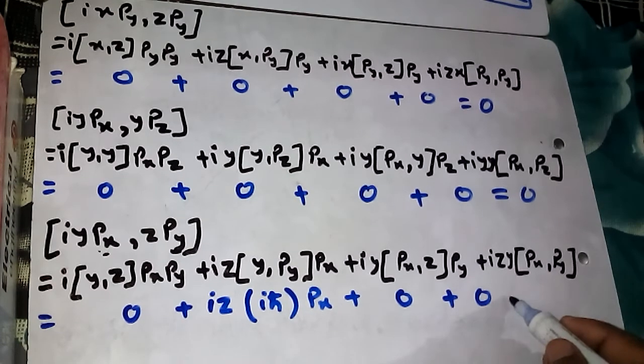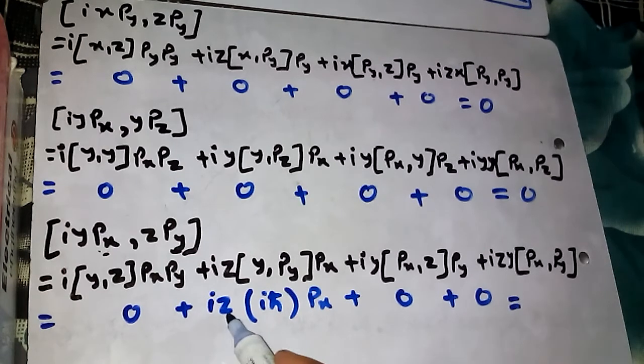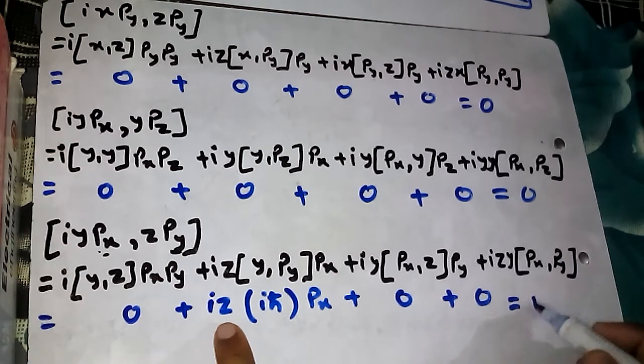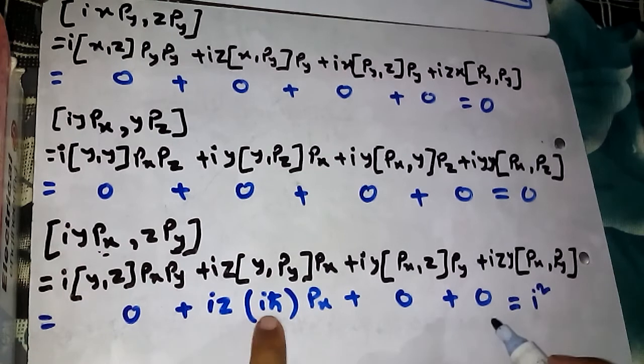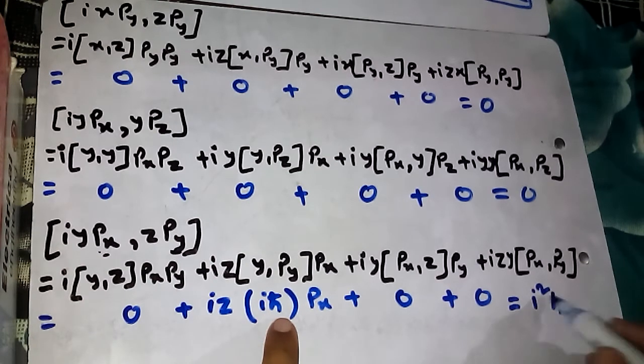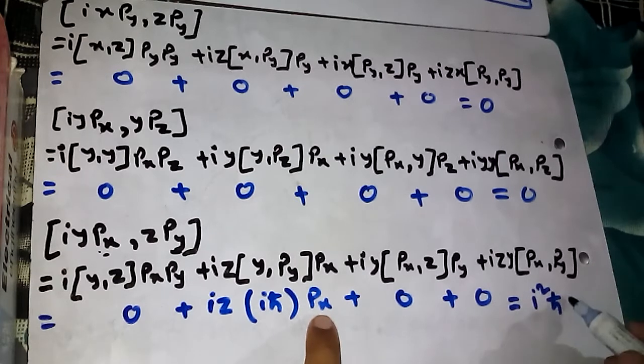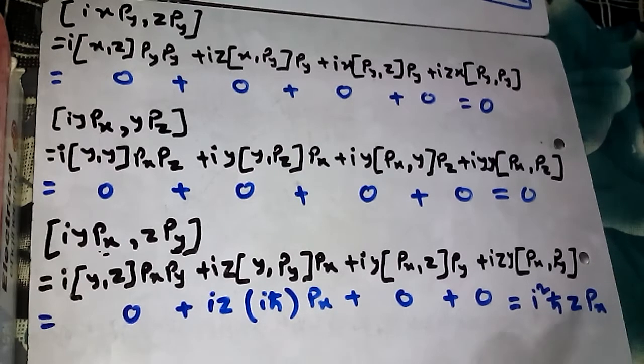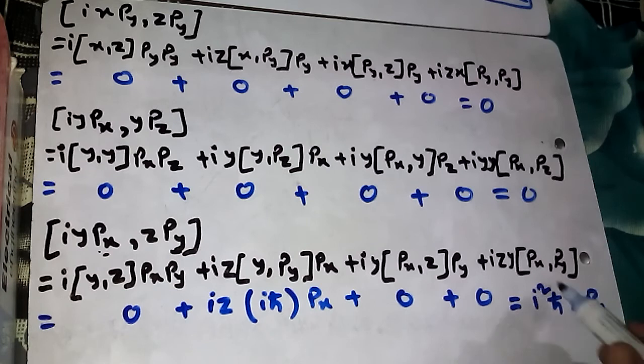So what we have is i h cut and this is px, so i into i is i square, and then h cut, and what we have is z and px. This order has to be maintained, z first then comes px, so we have maintained it, and these are the constant terms. So ultimately, i square is -1, so minus h cut z px.